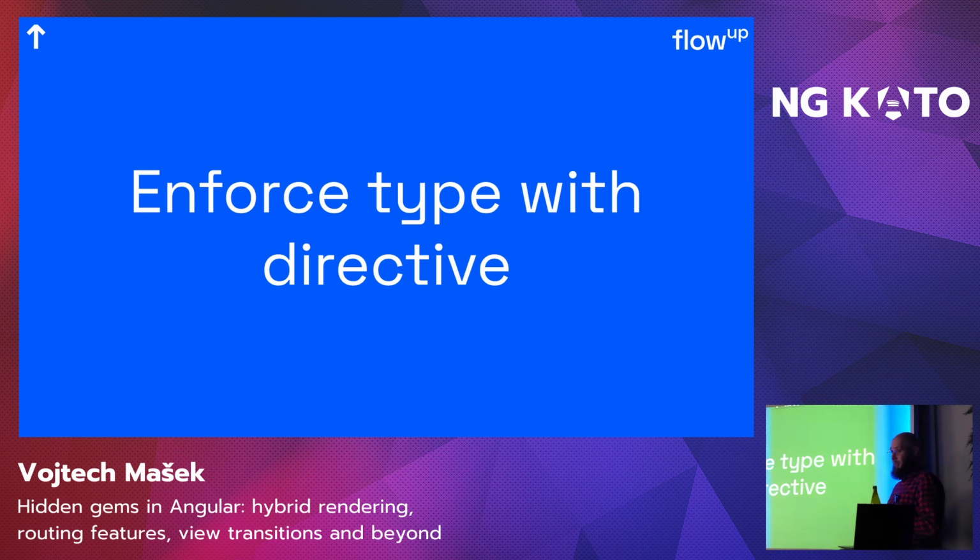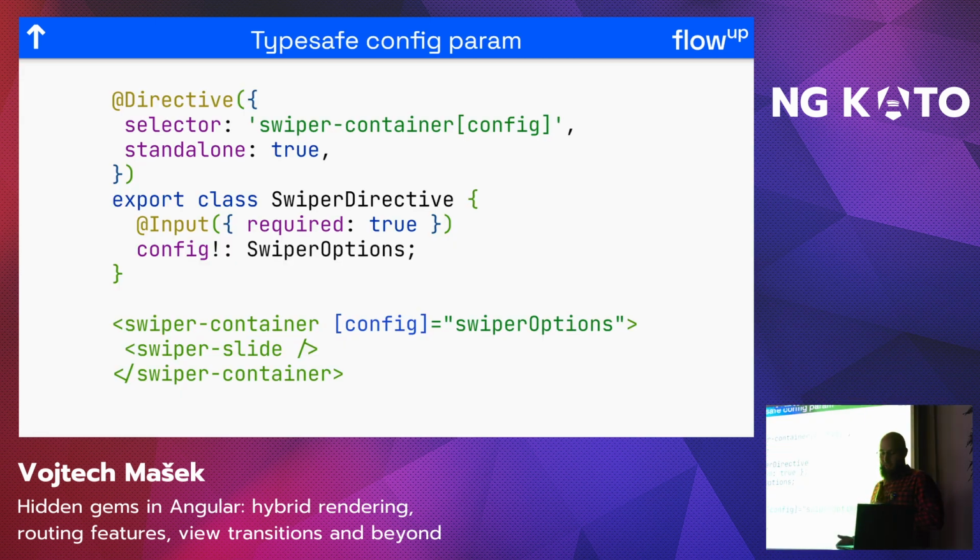Okay, you can enforce types with directives. And this is quite useful if you have, for example, a web component in your application, and the web component obviously doesn't support TypeScript. Web components do not have type definitions for their inputs. So you have something like this.